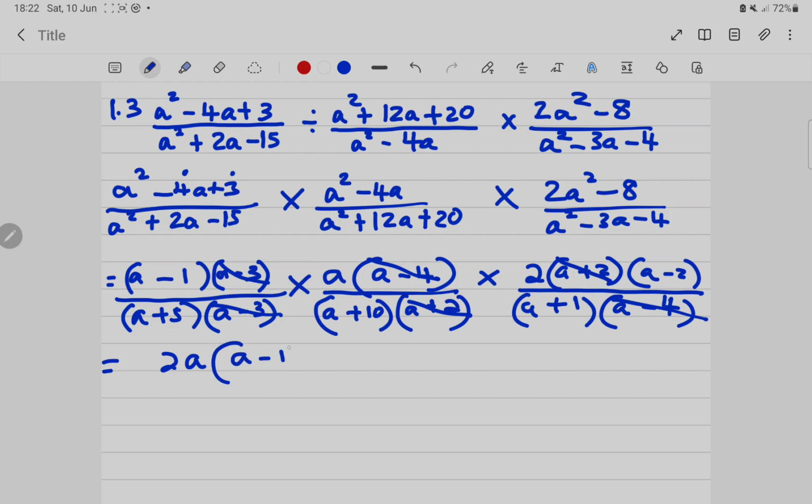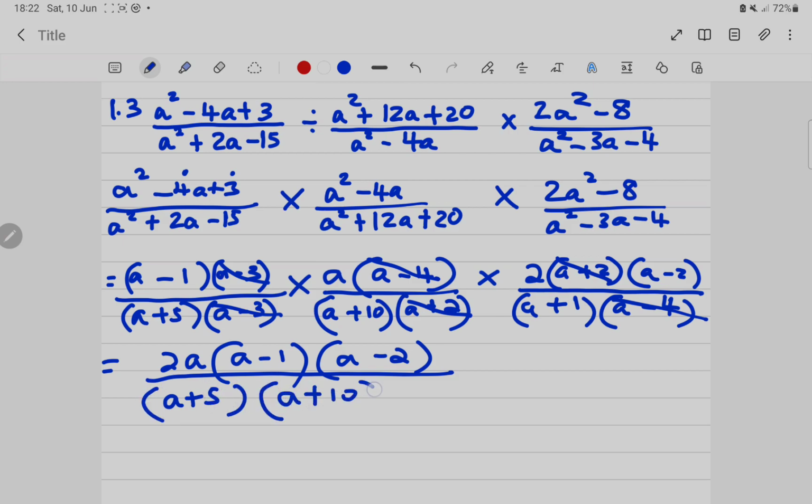It's a minus 1 into a minus 2. So that is our numerator. Then the denominator is everything that is leftover here. So what are the leftovers? It's a plus 5 into a plus 10 into a plus 1. This is the final answer.